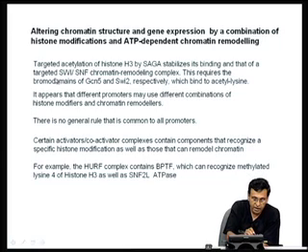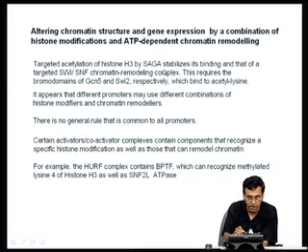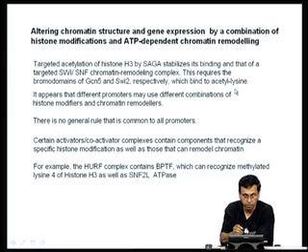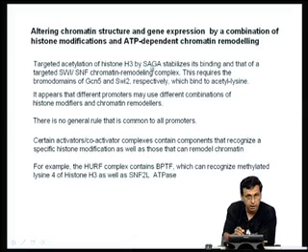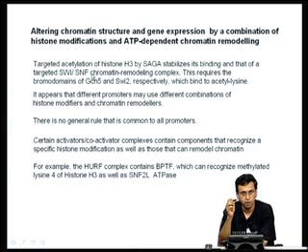For example, targeted acetylation of histone H3 by SAGA. As you remember, SAGA is a HAT containing multi coactivator which was originally identified in the yeast. So, it is a HAT containing coactivator. Acetylation of histone H3 by SAGA stabilizes its binding and that of a targeted SWI/SNF chromatin remodeling complex, and this actually requires the bromodomains of GCN5 and SWI2 respectively, which bind to acetyllysine. So, GCN5 is a member of the SAGA complex, and GCN5 and SWI2 can now recruit a chromatin remodeling complex.